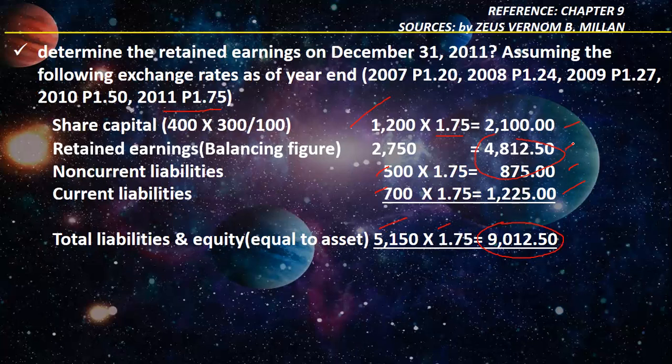All right. So again, retained earnings is neither a monetary item nor a non-monetary item. It is a balancing figure when we restate the total assets, the total liabilities, and the other shareholders' equity items.